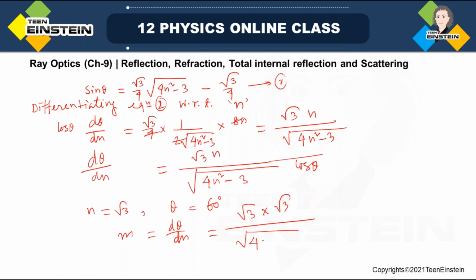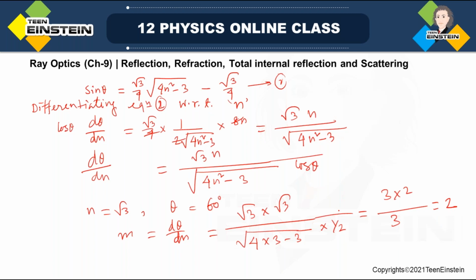Root 3 times root 3 is 3, again here 4 times 3 is 12, minus 3, and cos 60 degree is half. Okay, so it is 3. This 2 will go here, and from here 12 minus 3, 9. 9 divided by 3 gives 3, so it will give you 2. Okay, so this is the value.